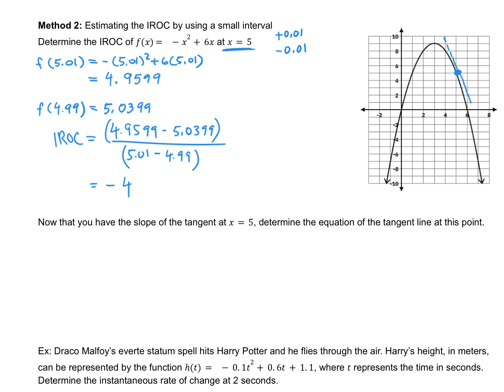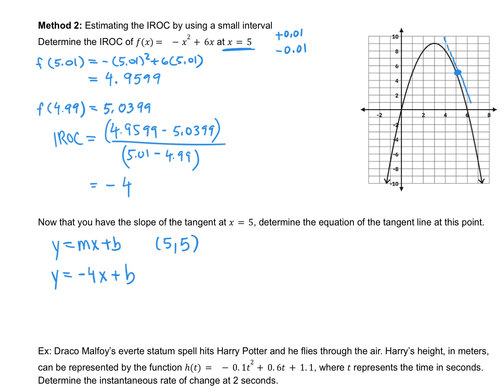Now that you have the slope of the tangent at x equals 5, determine the equation of the tangent line at this point. Well, this is just pure grade 9. y equals mx plus b. m is your slope, b is your y-intercept. We have our slope of the tangent line, because that's what your instantaneous rate of change is. Now, I just need to plug in my coordinate, which I can read off my graph.